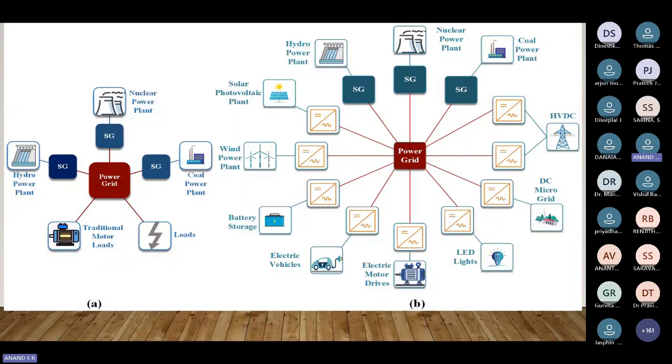So we had to go for high voltage DC, and we have a good network of HVDC lines now in India, connecting different nodes, right from the eastern part to the south and west. Not all regions are interconnected with HVDC lines or back-to-back HVDC lines.